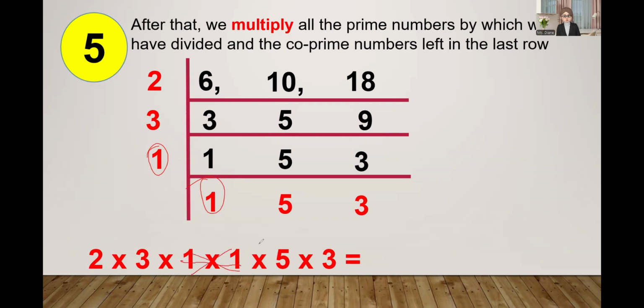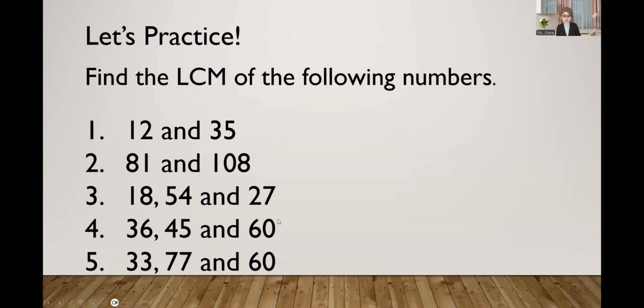Whether you skip or delete or write them here, the answer is still the same. The answer of 2 times 3 times 1 times 1 times 5 times 3 is 90. So the LCM of 6, 10, and 18 is 90.